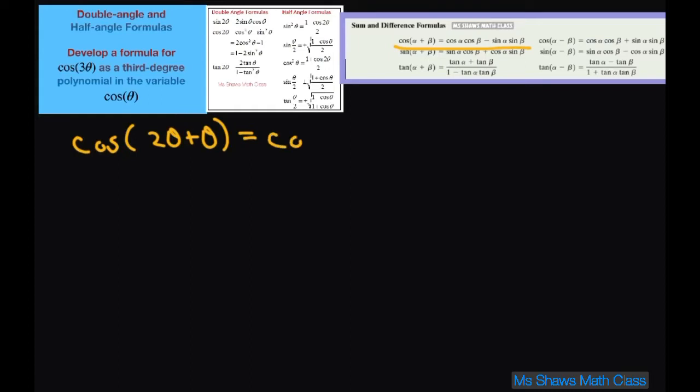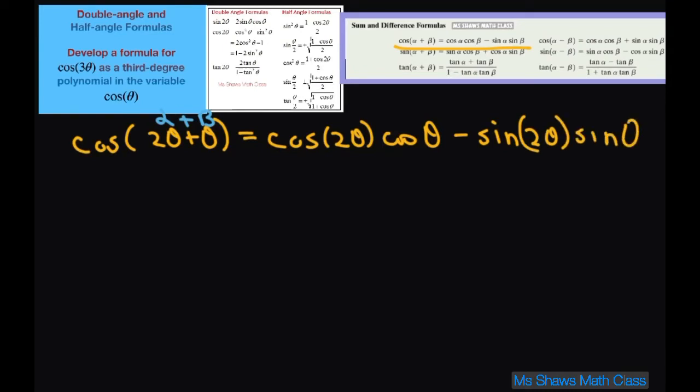This is going to be cosine of 2 theta, cosine of theta, whereby this is your alpha plus beta, and then we have minus sine of 2 theta times sine of theta. All right, now that we have that, let's go ahead and expand our cosine of 2 theta.